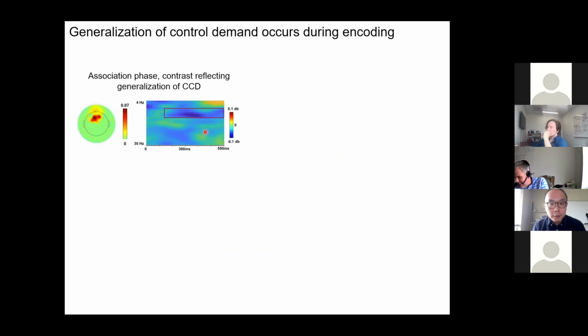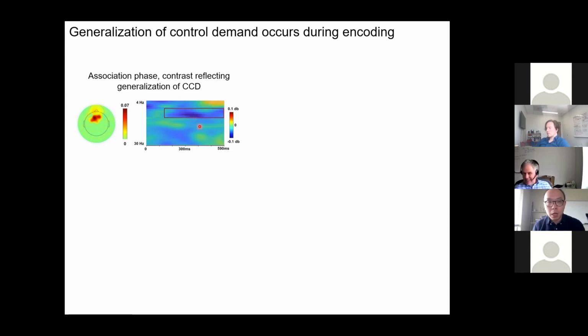Also, the direction of the interaction is what we expected, such that the decrease of alpha power is largest in the later association trials after the presentation of the landmark image. In other words, that is where we hypothesize that generalization will occur. So that has a higher drop in alpha power.